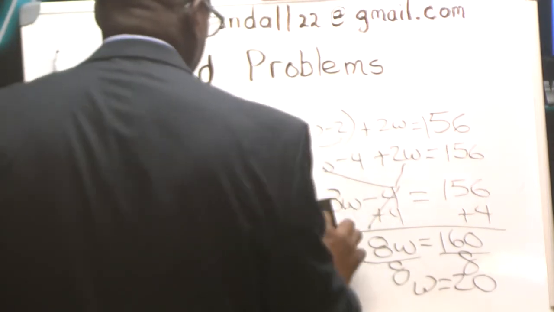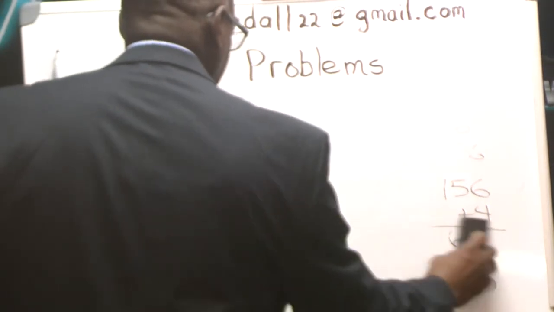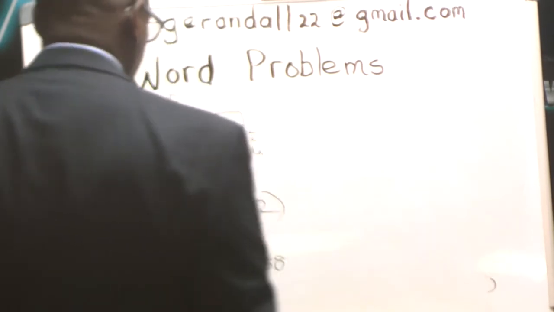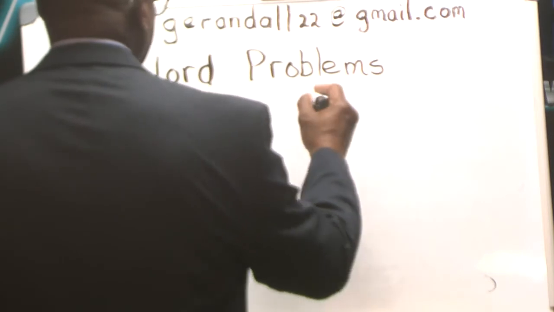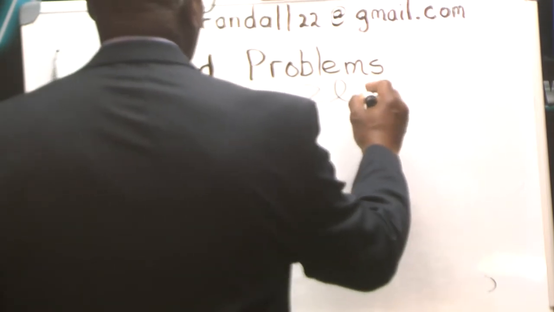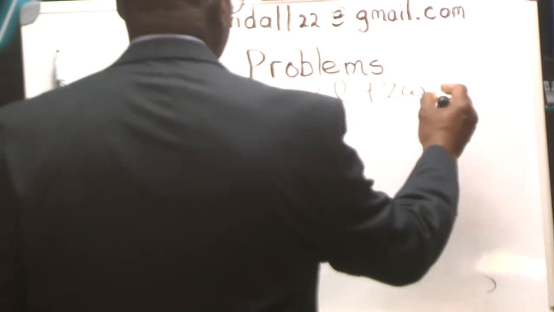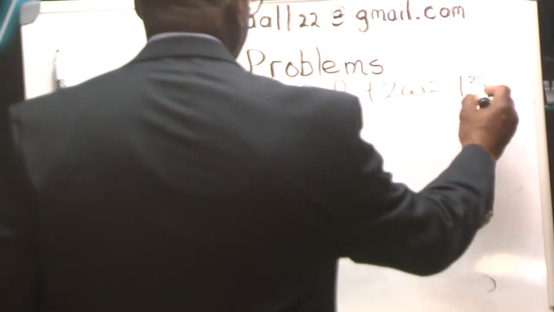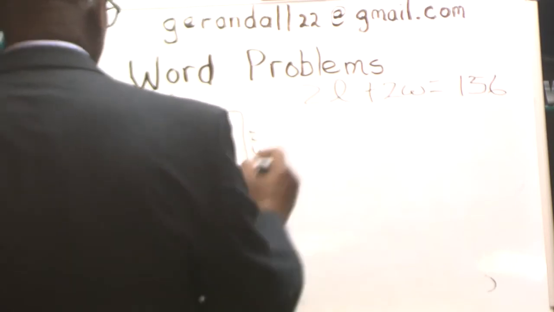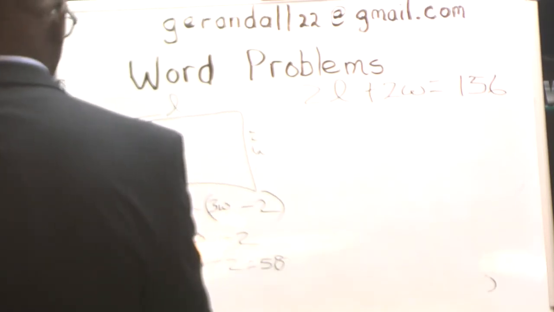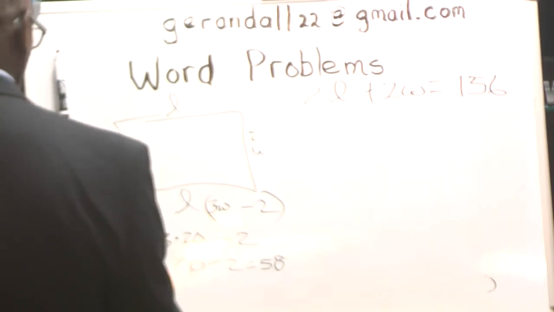Now we're going to do this real quick. We got the totals. And again, that perimeter is 2L plus 2W, in this case, equals 156. The length, 58 times 2, 116.